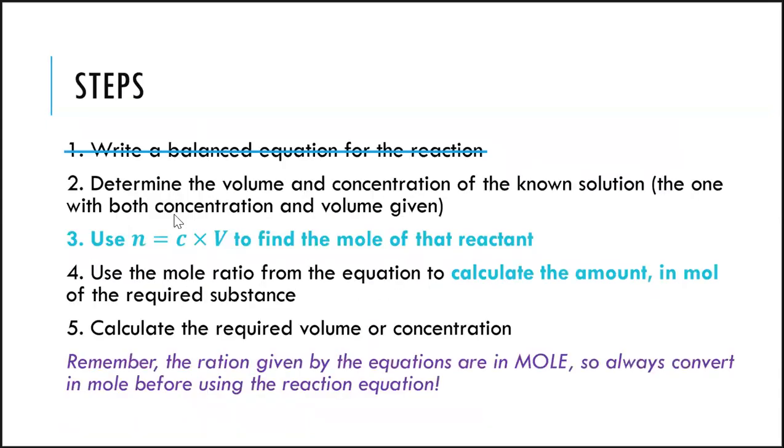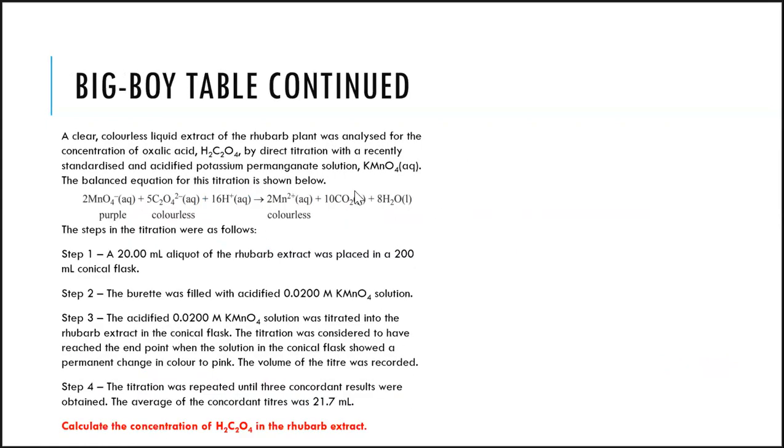Then the second step is to determine the volume and concentration of the known substance, then use n equals CV to find the mole of that reactant. So which one is our known? Based on your titration technique knowledge, and based on the first paragraph here, we are using a standardized MnO4 solution to titrate the oxalic acid.